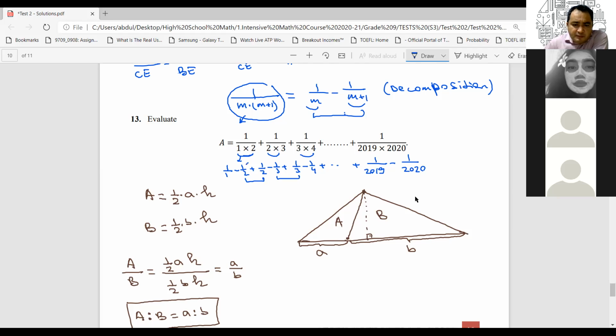So all of these numbers cancel each other. 0, 0, 0. Only the first term and the last term remain. That's equal to 1 minus 1 over 2020. If you bring it to a common denominator and simplify, we get 2019 over 2020.